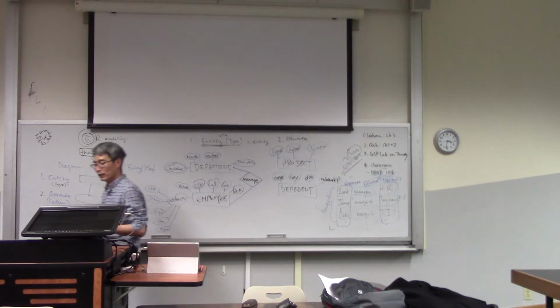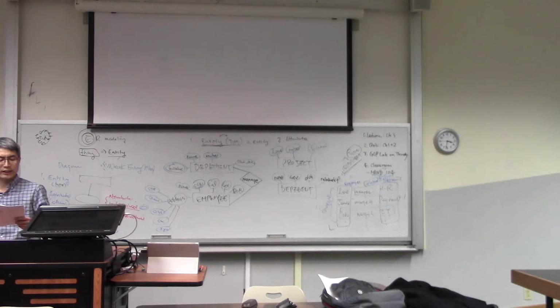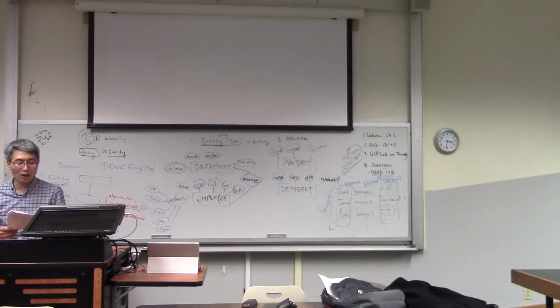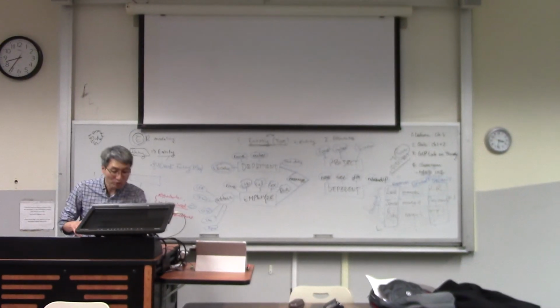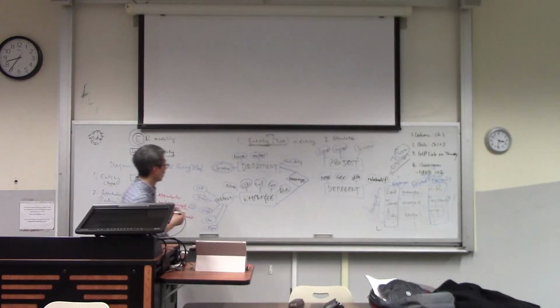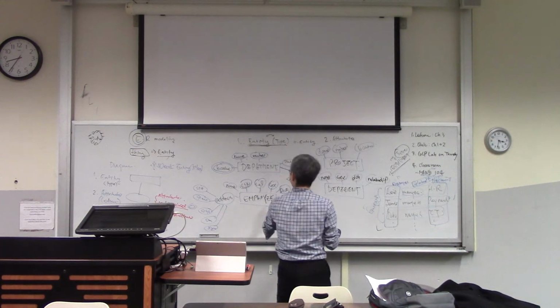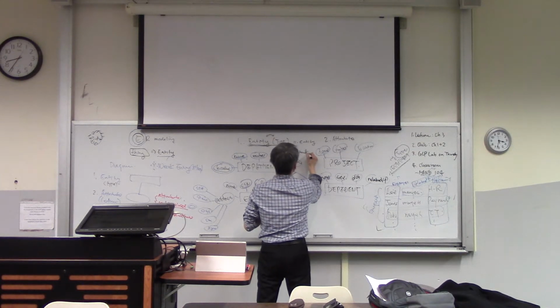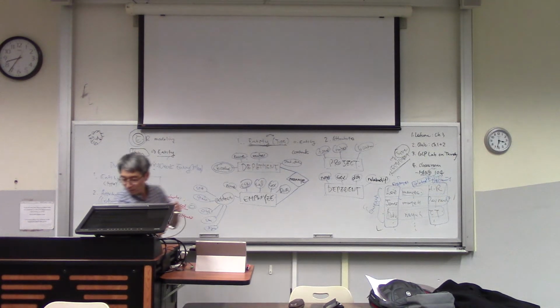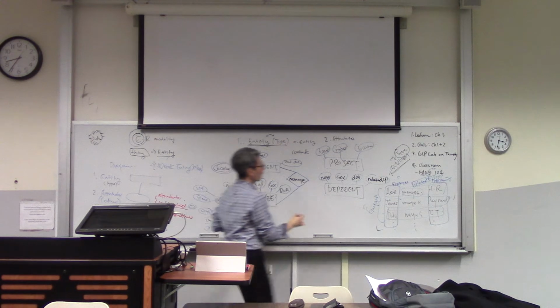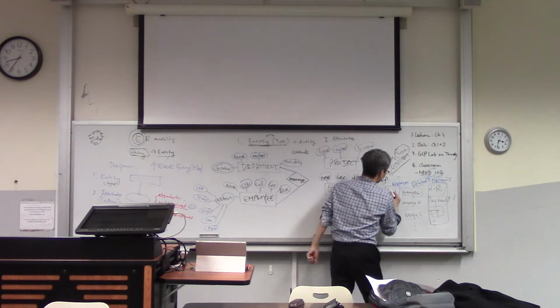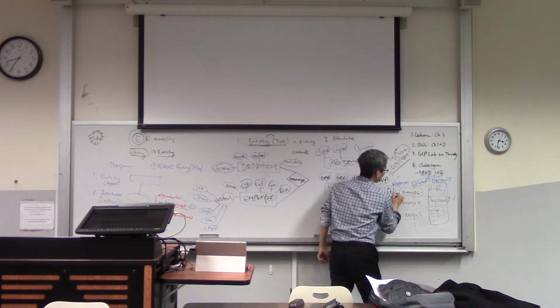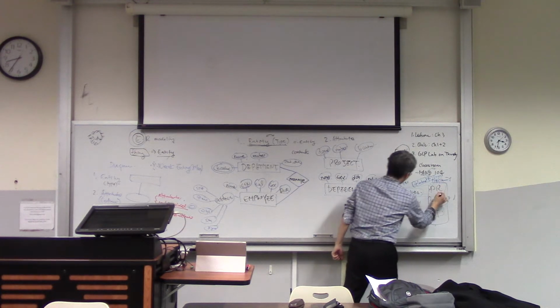Any other? The second bullet, each department controls a number of projects. So, for example, department 1 controls project 1.